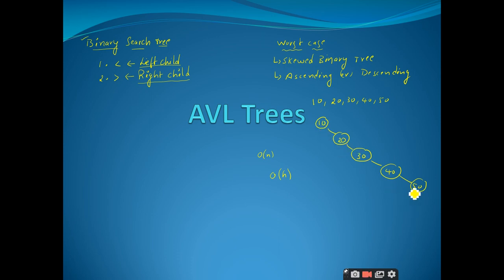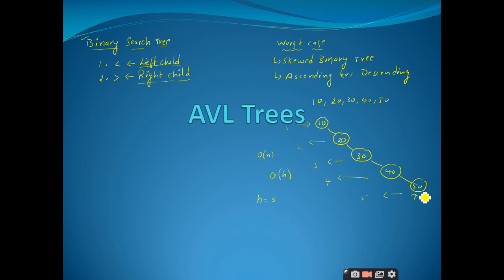What is the height of this binary search tree? So root is taken as 1, this is 1, this is 2 and this is 3, this is 4 and this is 5. So the height of this constructed BST with this list of ascending elements is equal to 5.